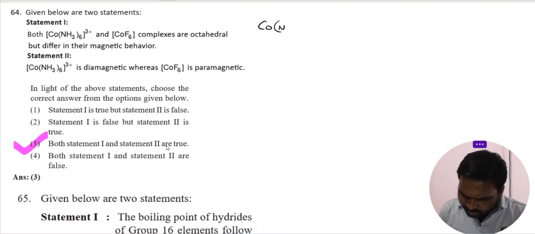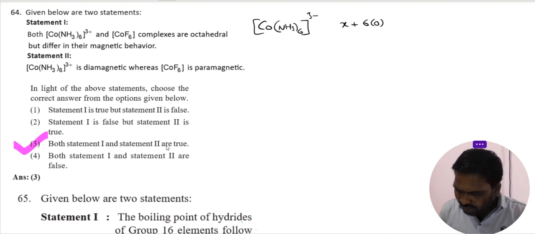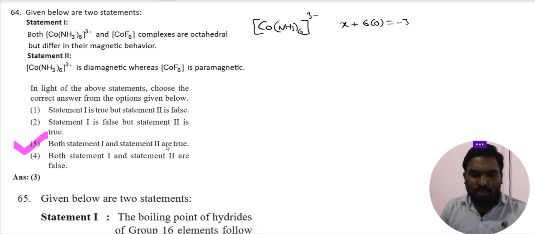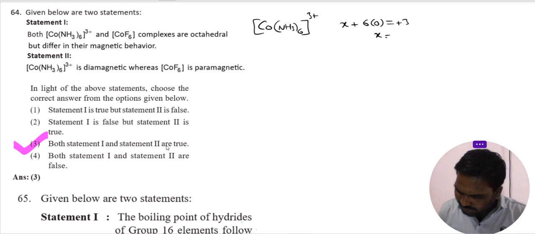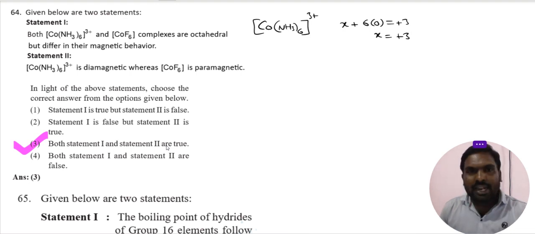Here you can take [Co(NH3)6]3+. Cobalt x plus 6 into ammonia, 0 for a neutral ligand, is equal to plus 3. So cobalt is plus 3. Cobalt atomic number 27, so 2 plus 7, 9 electrons. 9 minus 3, 6. It is a 3d6 system.